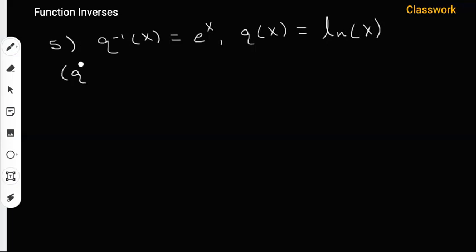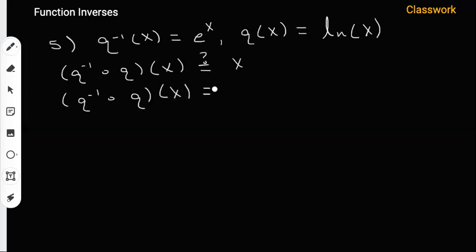So we need to make sure that q inverse of q of x is equal to x, because we're not sure yet. But we're about to be sure, right? So I'm going to start off with q inverse, and we're going to evaluate that at q of x.